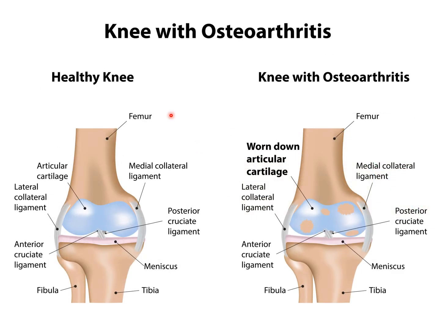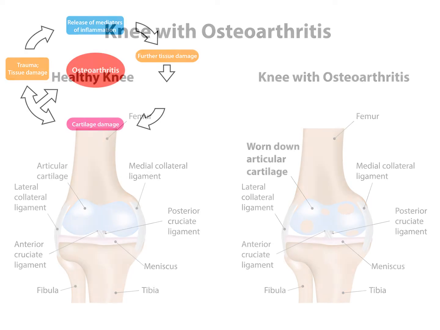So comparing a healthy knee to a knee with osteoarthritis, what you're seeing is primarily a reduction in the cartilage between the two bones, leading to bone-to-bone surface interaction in these joints. And it is a progressive disease that will self-reinforce.